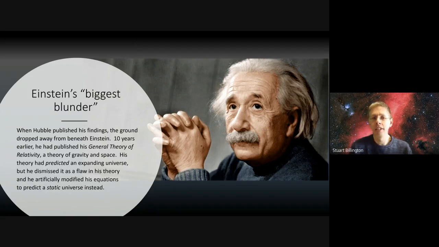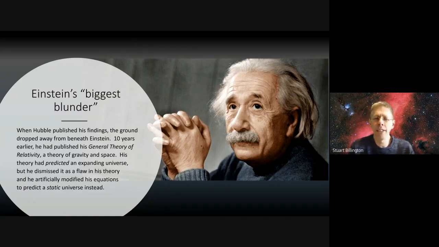You see, his general theory of relativity predicted that no universe can stay static in size. His actual scientific theory predicted an expanding universe. But he dismissed it. Even Einstein, greatest scientist ever, greatest brain ever, just thought he'd made a mistake.